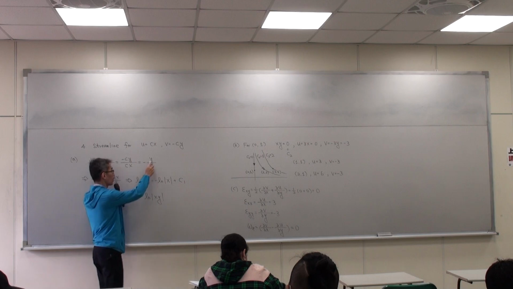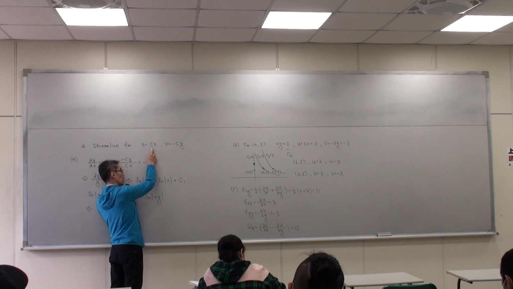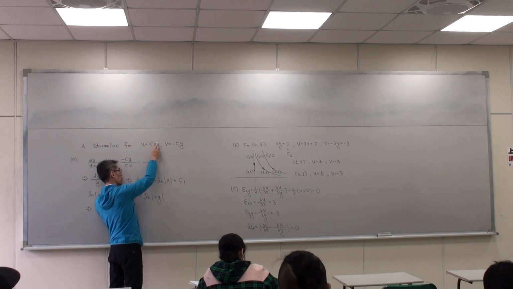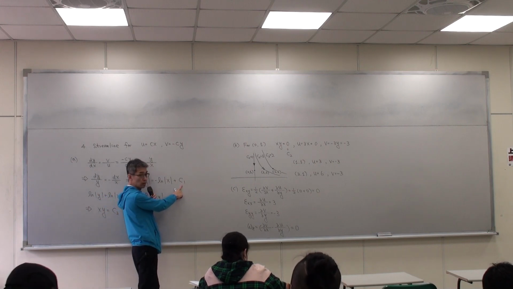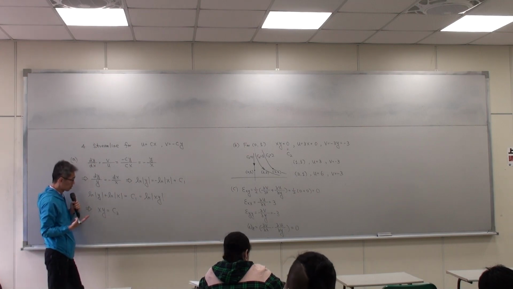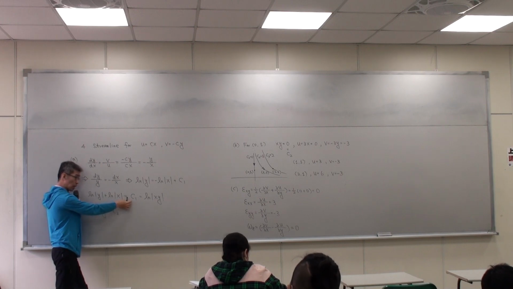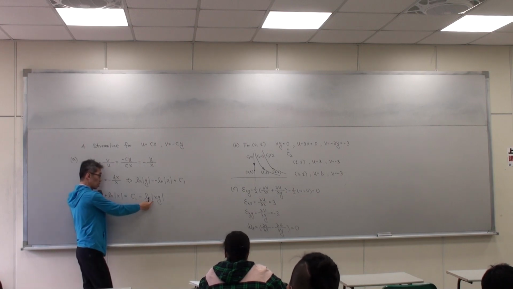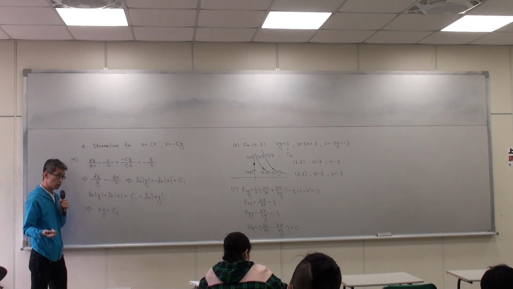So be careful about this c, because this c is a constant for the velocity, but your integration constant is a different constant. So this constant basically means natural log x plus natural log y, this summation should be a constant. So that means the product of x and y should be constant as well.